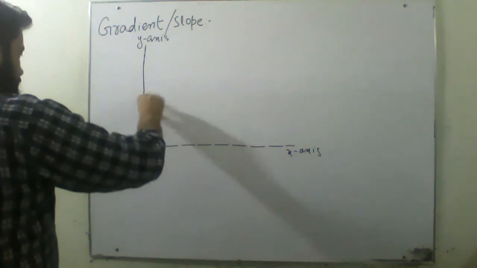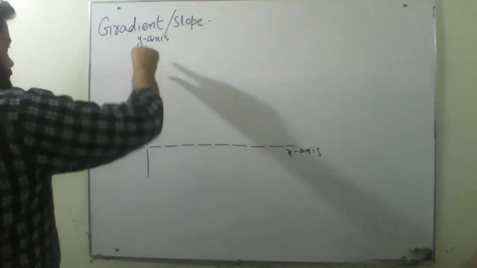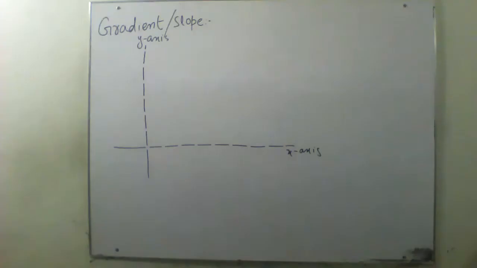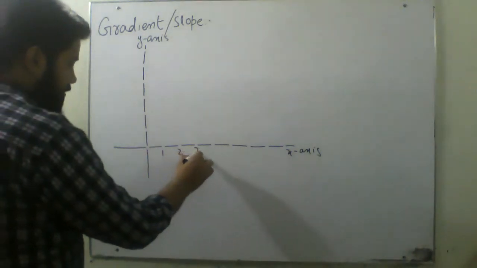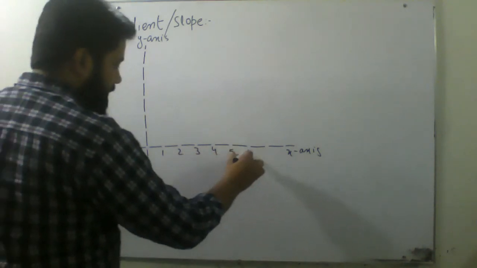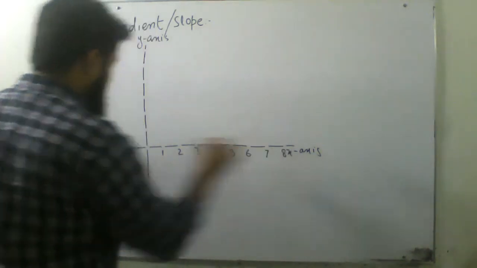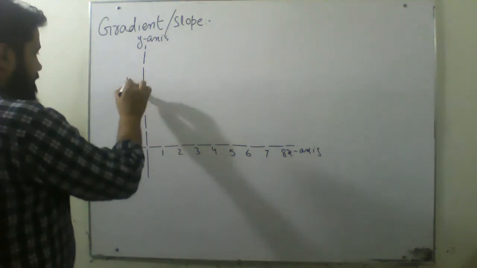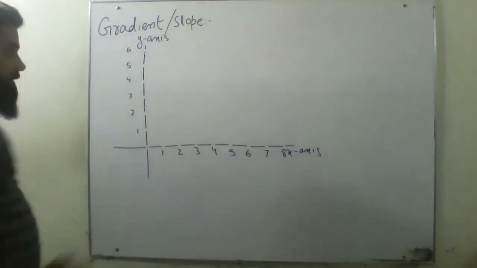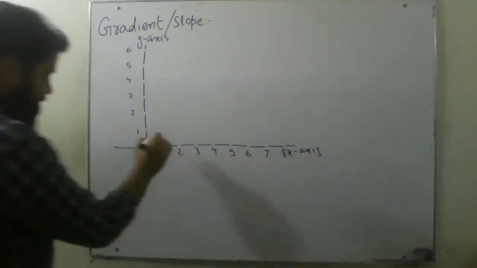I have 1, 2, 3, 4, 5, 6, 7, 8 on one axis, and 1, 2, 3, 4, 5, 6 on the other.